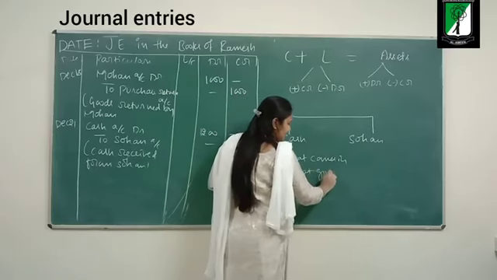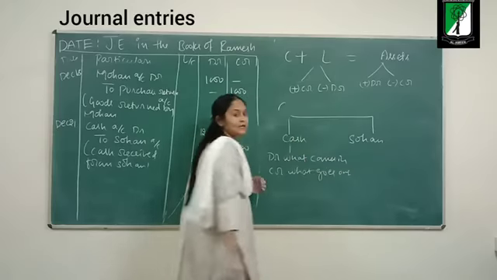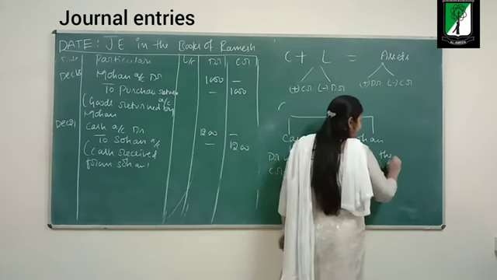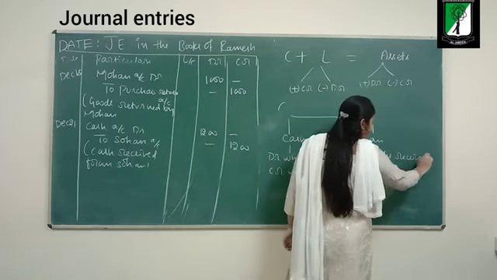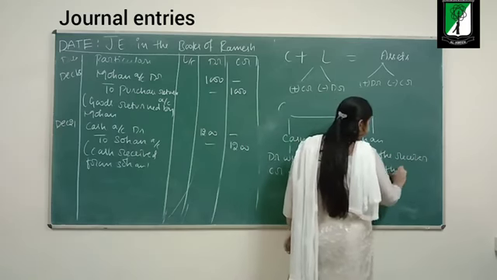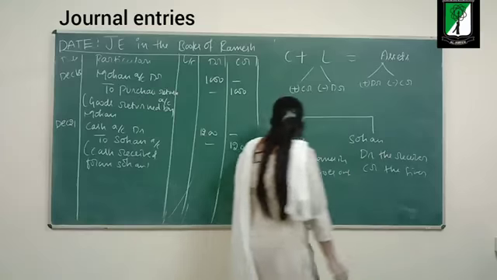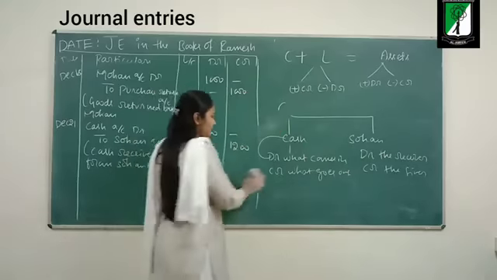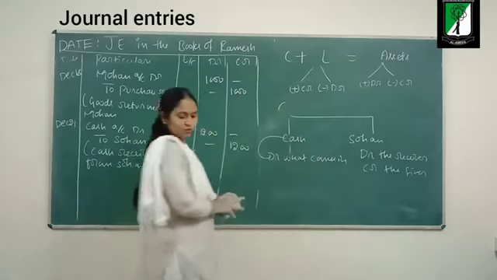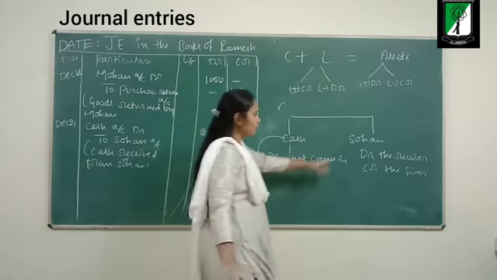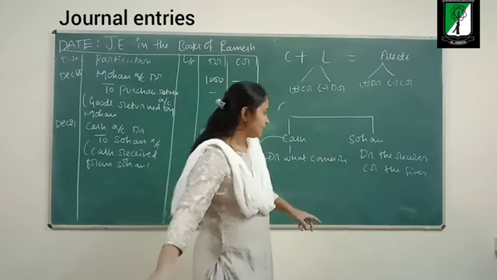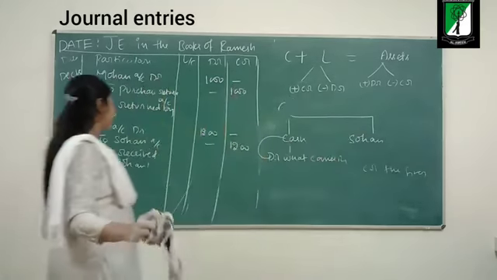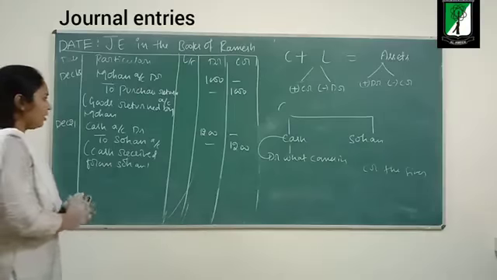Sohan is a person, so personal account rule: debit the receiver, credit the giver. Cash is coming in, so I consider the debit aspect. Sohan is the giver, so I will consider the credit aspect. Hope you all are understanding.